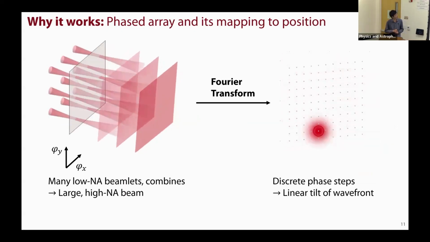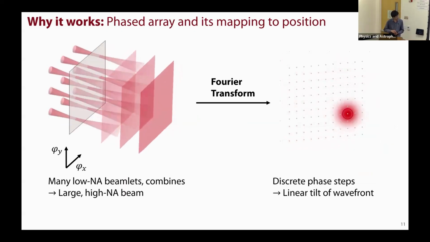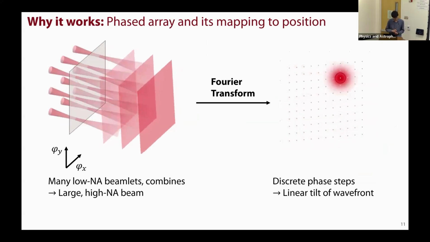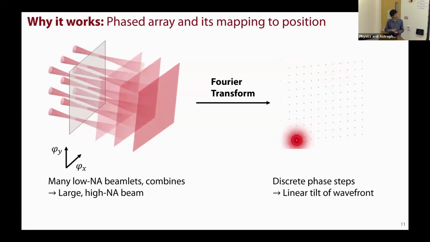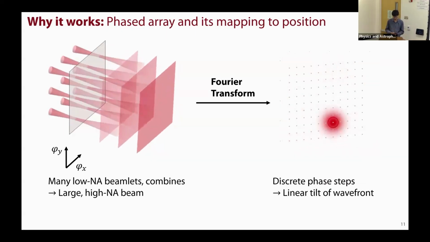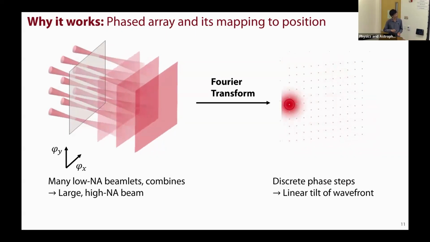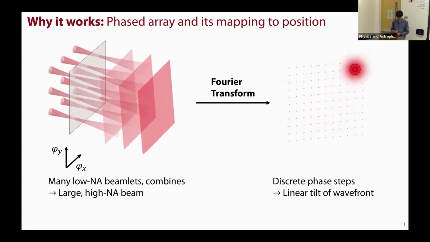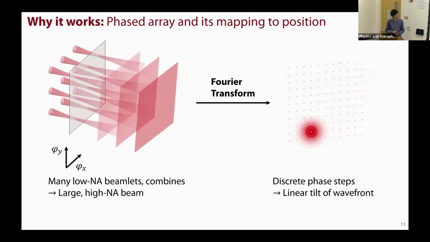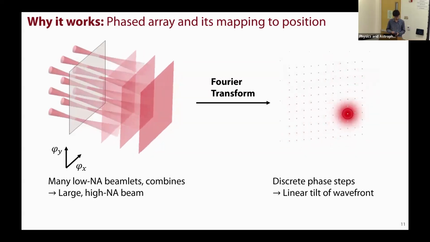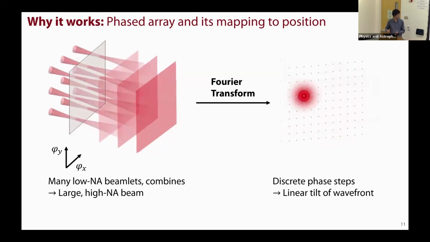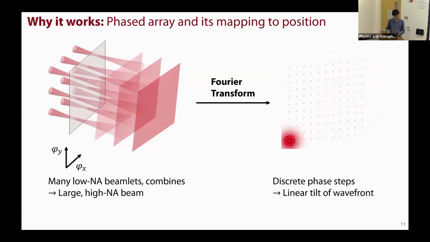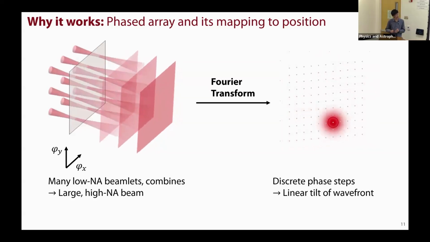If the adjacent beams have a phase difference phi x and phi y in the x and y directions, then the combined field arising from their interference has a propagation tilt along x and y, which is proportional to phi x and phi y. Intuitively, this looks like a bunch of low NA beamlets combining to give a large beam with a wavefront very similar to a tilted plane wave, and can focus to give a high NA interference pattern.